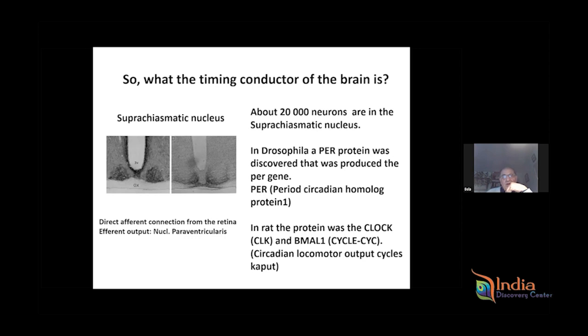The suprachiasmatic nucleus organizes a kind of circadian rhythm, which is around 24 hours. It is made of about 20,000 neurons.